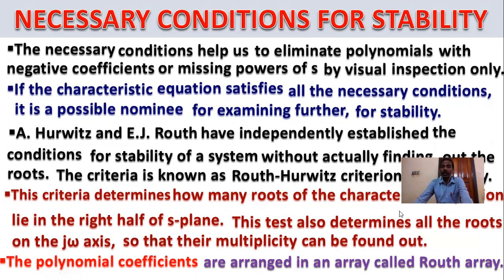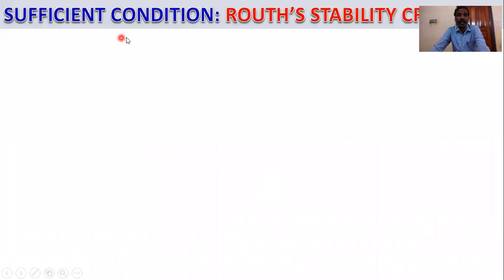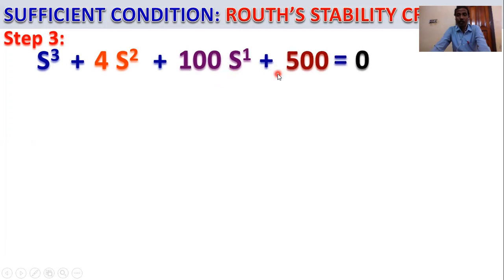Then sufficient condition. What is the sufficient condition? Next step. Sufficient conditions, Routh Stability Criterion, Routh Stability Analysis. Step number 3. S cube plus 4s square plus 100s to the power 1 plus 500 equals to 0. This is the polynomial, third order equation.